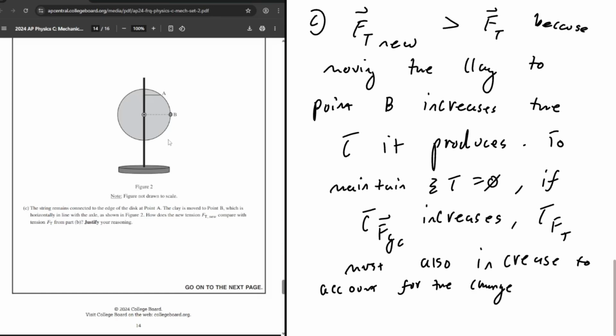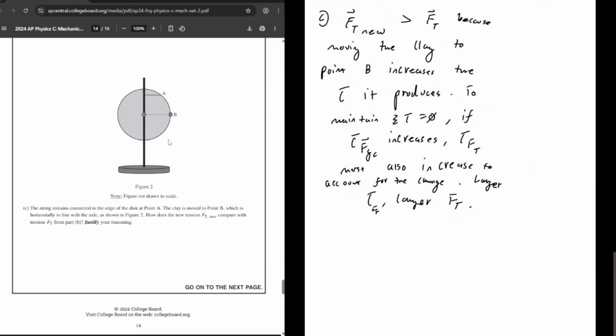My handwriting's horrible, sorry guys. Larger torque, larger F_T. There you go.